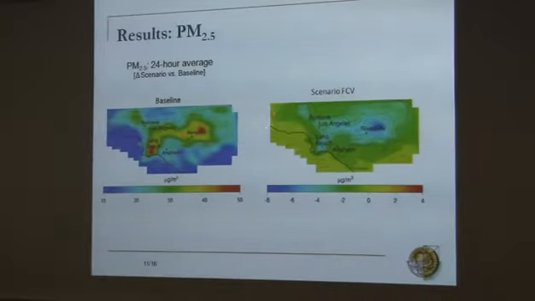This is the delta in PM2.5. And the reductions happen, look at that, in the places where you need it the most. So again, nature is being kind to this particular scenario, and that reduction of about 8 or so is pretty significant.